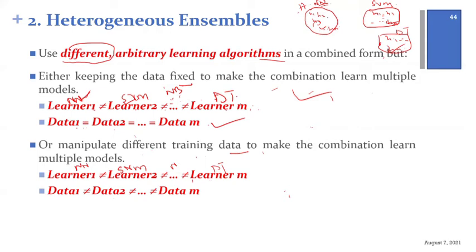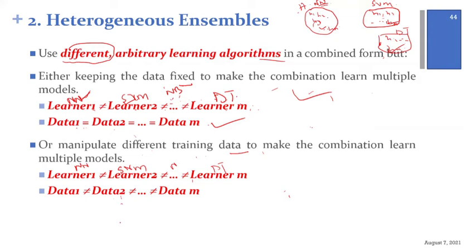So in the earlier case, you're only making sure that one thing is not equal, and that's the algorithm. You make sure that the algorithms are different, and that is heterogeneous based on the algorithm differences. But in this case, you are manipulating two variables now.